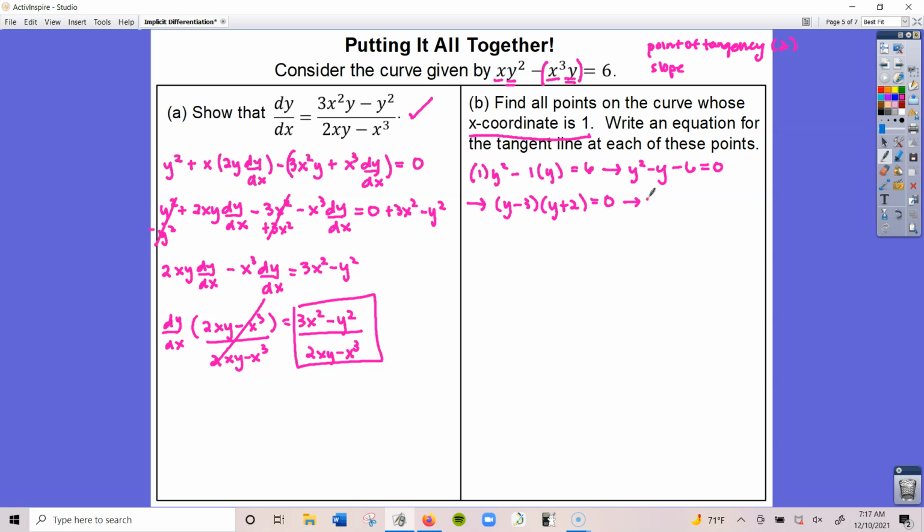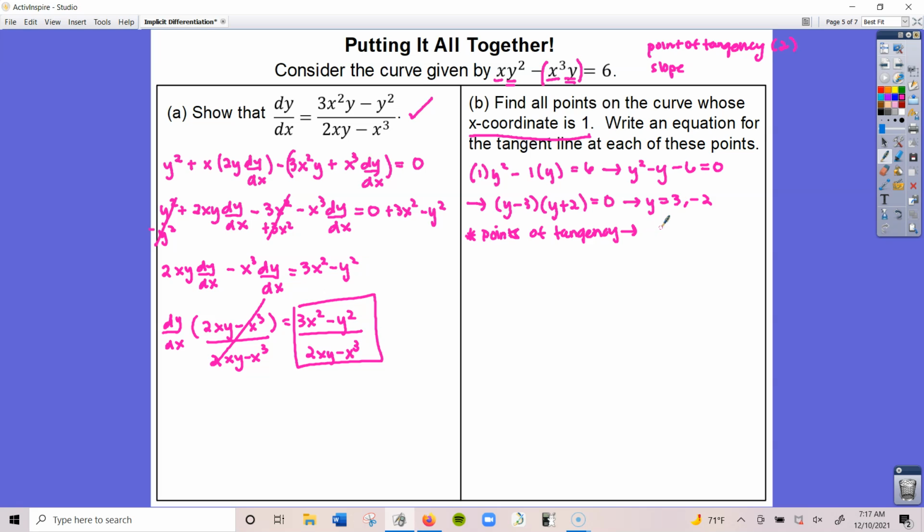We get here that y is equal to positive 3 and negative 2, since remember, we set those factors both equal to 0 and then solve for y. So if y minus 3 equals 0, we have to add the 3, giving me the positive 3. And if y plus 2 equals 0, we'd have to subtract the 2, which gives you negative 2. So what does this mean? This means that we have these 2 points of tangency.